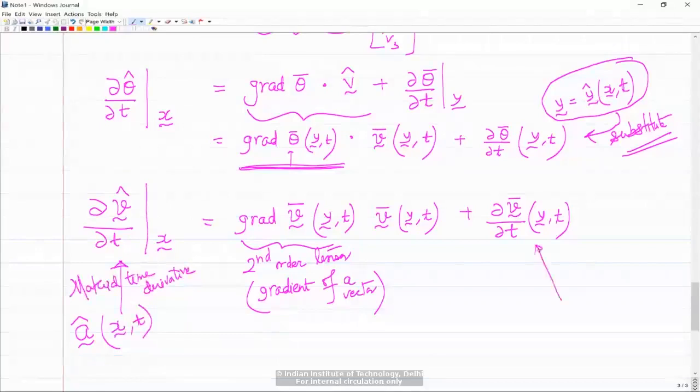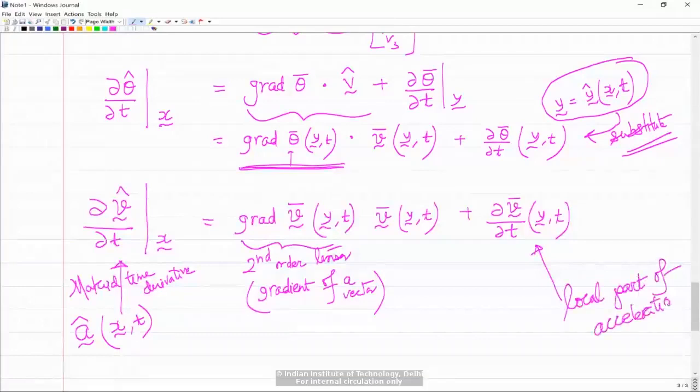The second one is what is called the local part of acceleration. They also say local acceleration, because why local? It is keeping y fixed, no? So when you are in the space, you fix the spatial location y and then measure the rate of change of velocity. So that's why we say it's the local part of acceleration.